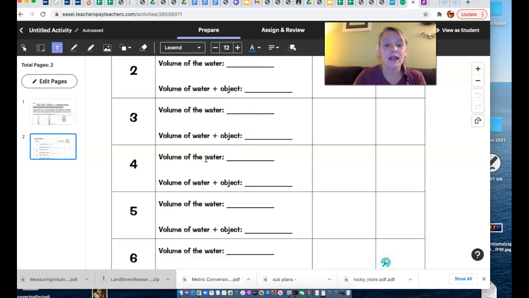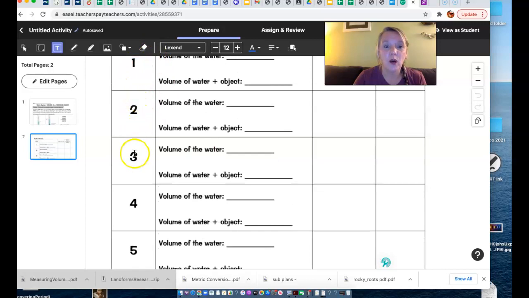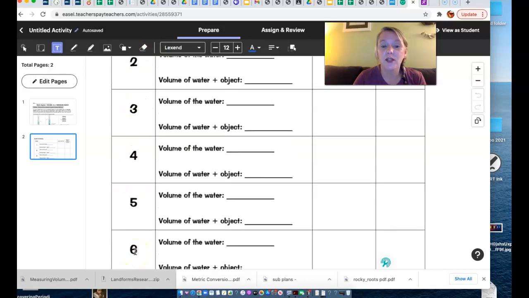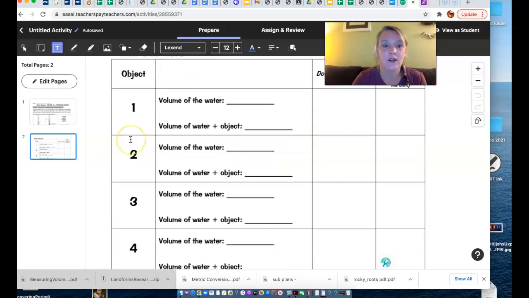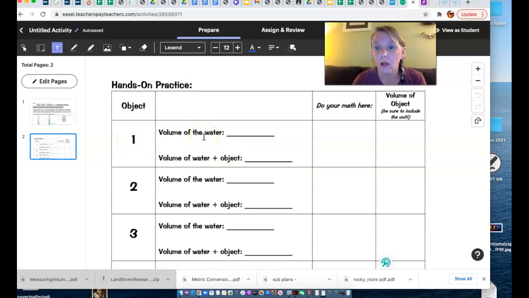You can just write down right underneath these numbers what object it is that you are measuring. You don't have to go in any particular order. Different students are going to be measuring different things. So let's say I choose a marble. Right underneath this number 1, I would write marble.